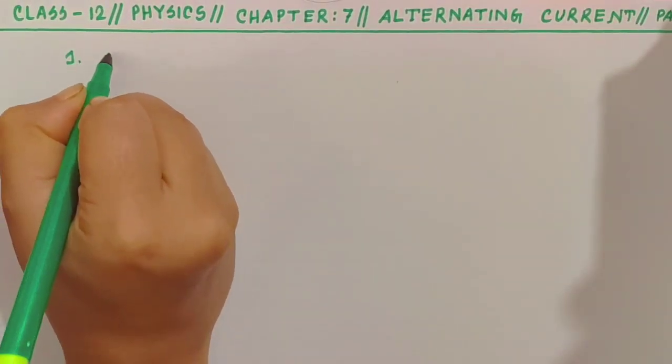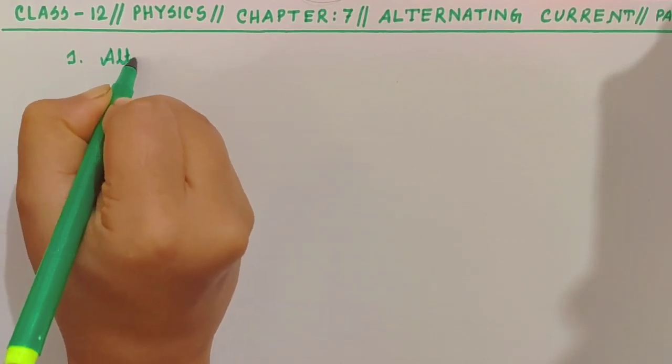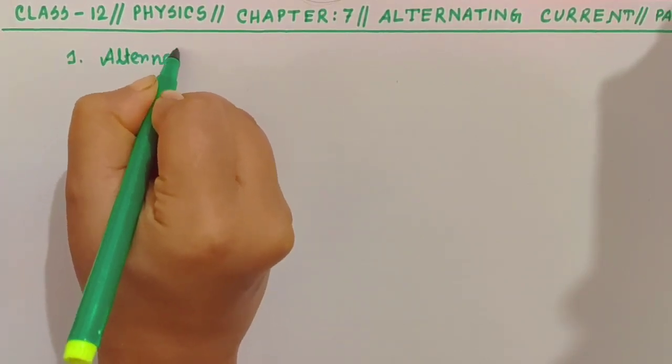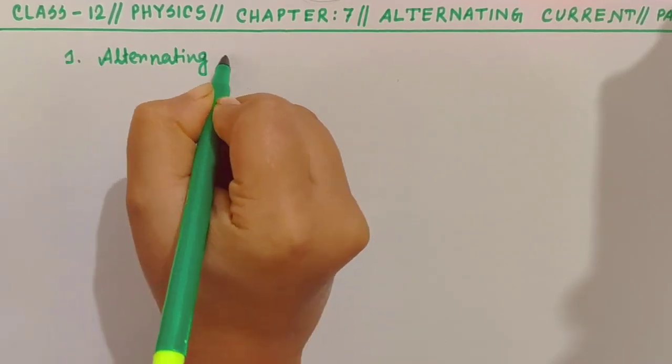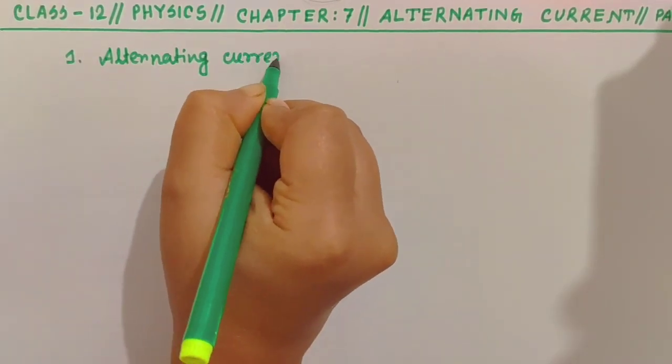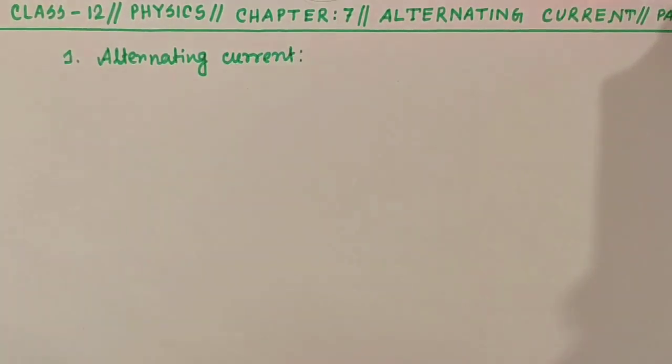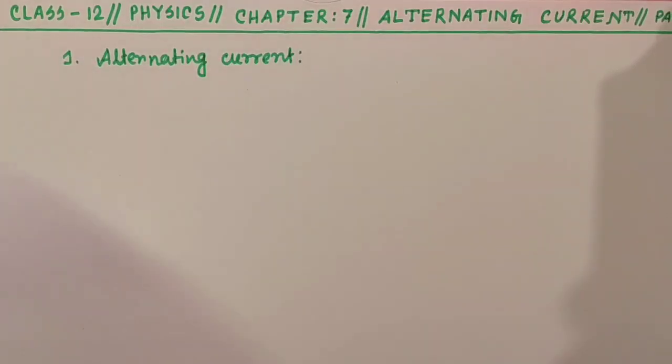So first, alternating current. So what is alternating current? An alternating quantity, like it may be current or it may be voltage.